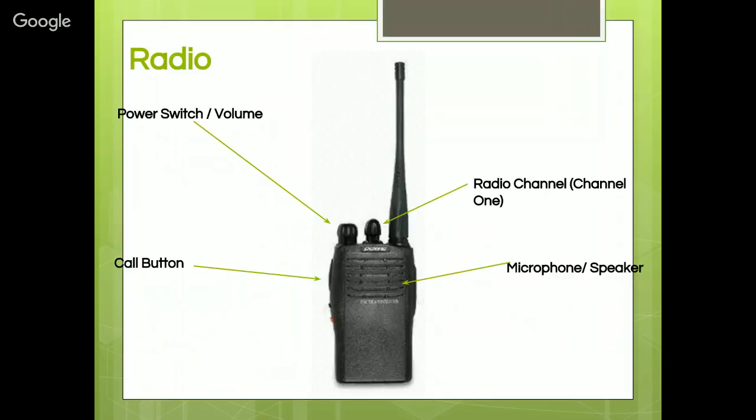The other button that's important is the call button. This is the button that you're going to press down and keep pressing when you're speaking on the radio, for when you're looking for the RD on duty or dispatch. Important to note, when you're using the call button, you're going to want to hold this down for a few seconds prior to speaking.